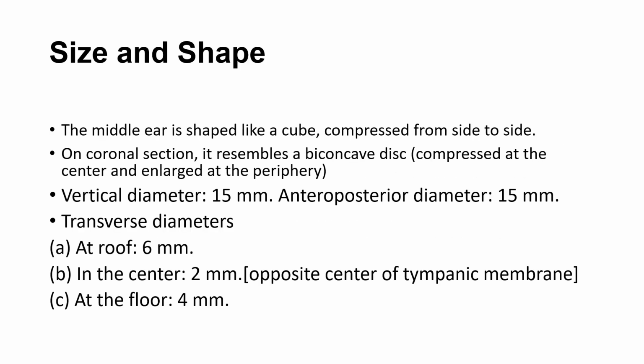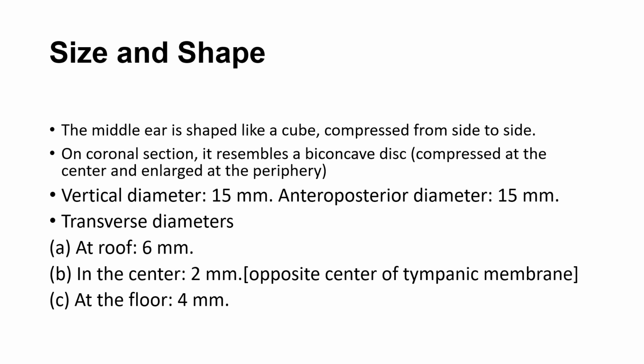Now, since we know that the middle ear is roughly cube shaped, this cube is not completely closed. It has got two openings, and also it is compressed from side to side. On coronal section, it resembles a biconcave disc, something like an RBC, which is compressed at the center and enlarged at the periphery.